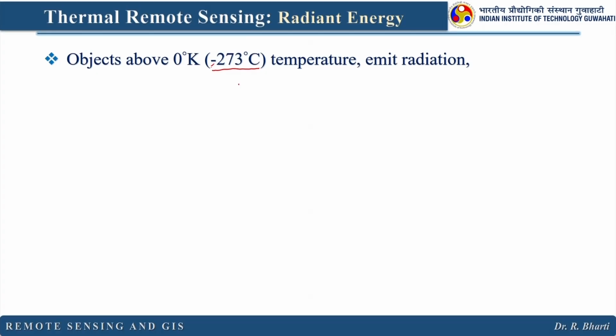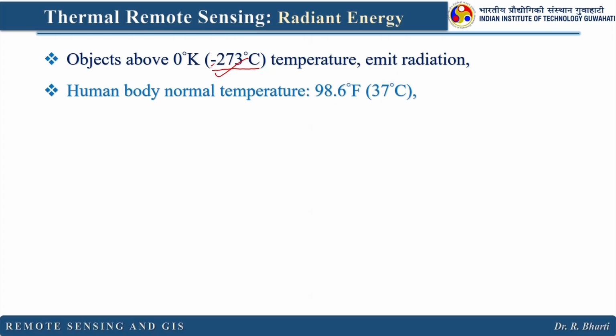Now, let us understand what exactly we measure in thermal remote sensing and what the mechanism is, right? You can consider any object. Objects above 0 degree Kelvin, that is minus 273 degrees Celsius, emit radiation. So any object above this particular temperature will emit radiation, right? Human body normal temperature is this one.